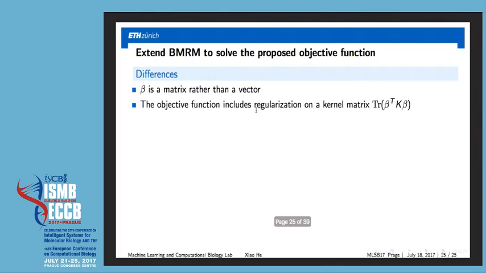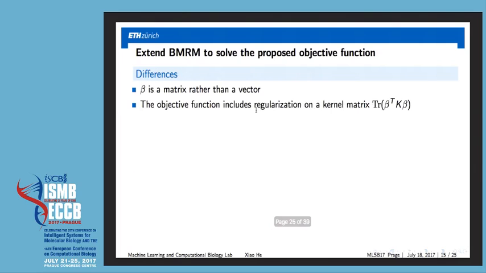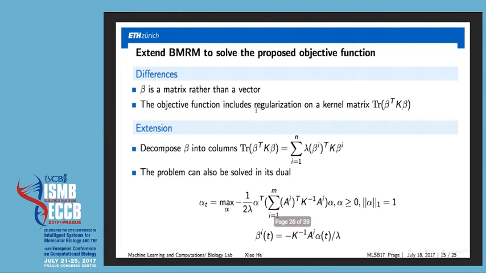To extend it, here we only consider the vector W, as in the original paper. We extend it to the case where beta is a matrix. So instead of a vector, the objective function is regularized on a kernel matrix rather than the L2 norm of the vector. We extend it by applying a trick, which means that beta can be decomposed by column.